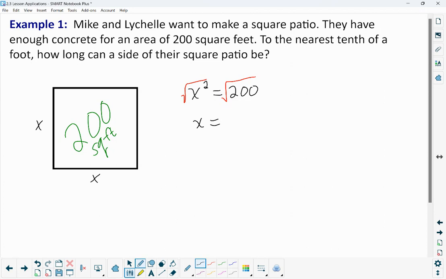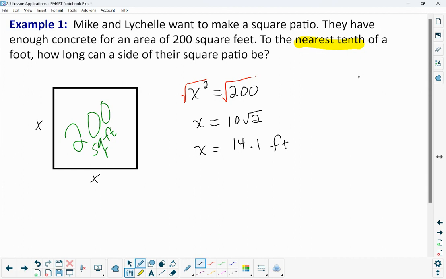When I type into my calculator the square root of 200, it tells me that that is equivalent to 10 root 2. But it asks us to round our answer to the nearest tenth, so we do want a decimal answer here. If we have our calculator convert that into a decimal answer, it is 14.1 feet. I rounded that to the nearest tenth.